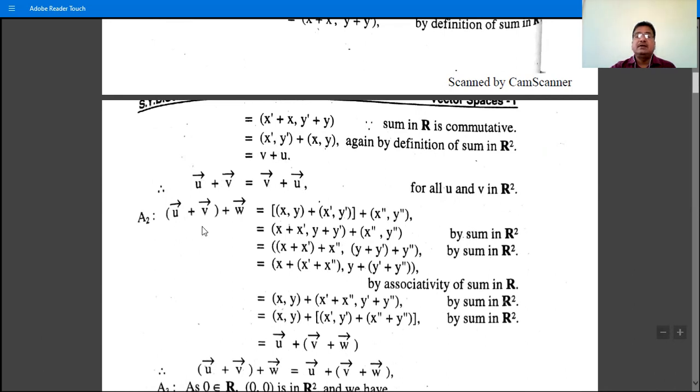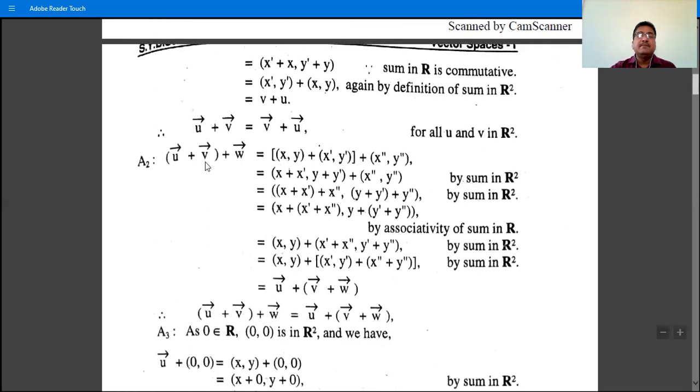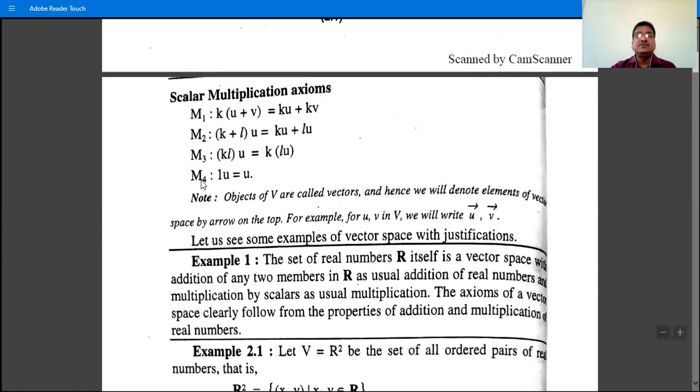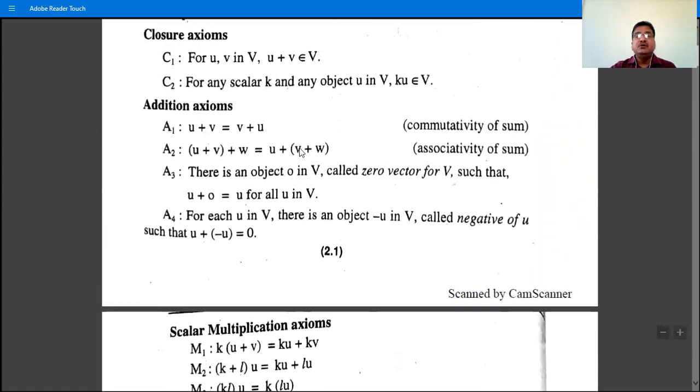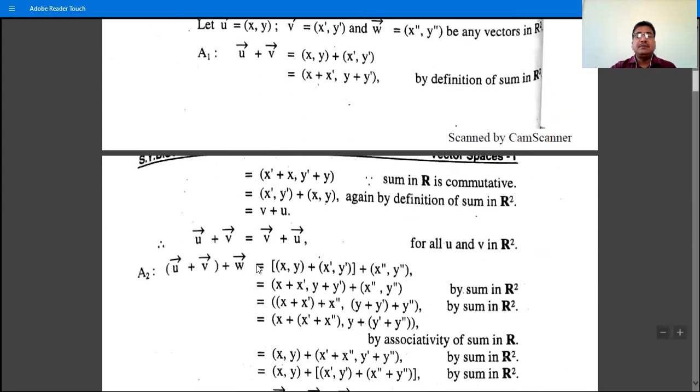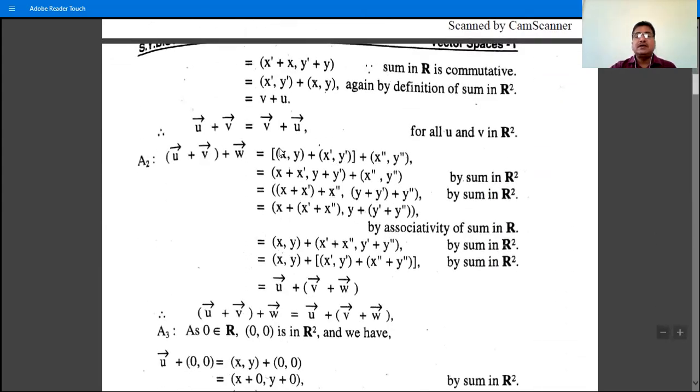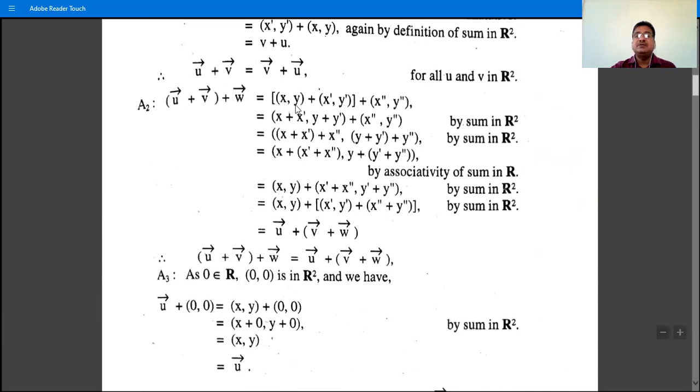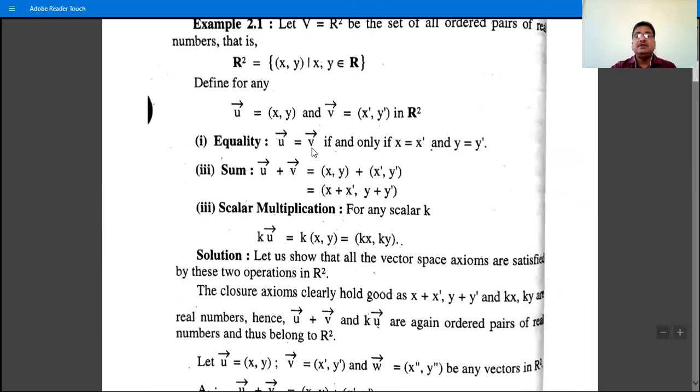Then the A2 property, we have to prove that u plus (v plus w) is equal to (u plus v) plus w. So consider (u plus v) plus w. Then what is u? ū is (x, y), v̄ is (x dash, y dash), plus w̄ is (x double dash, y double dash). Then the addition of these two is what? (x plus x dash, y plus y dash) plus (x double dash, y double dash). This is by using the definition given in the example.